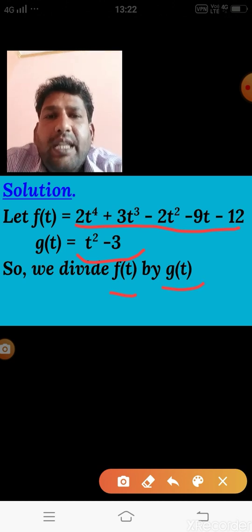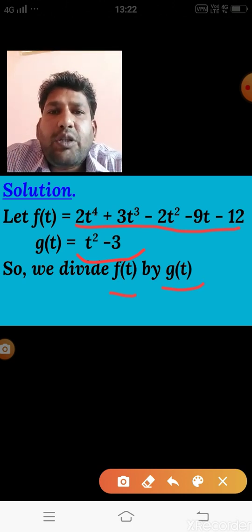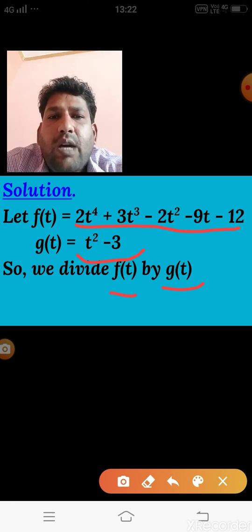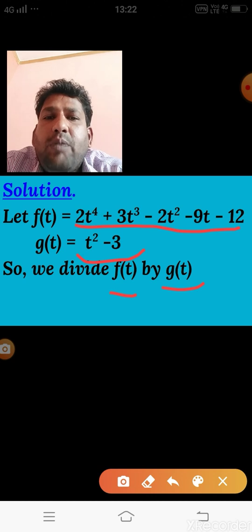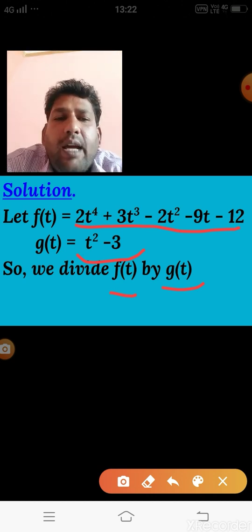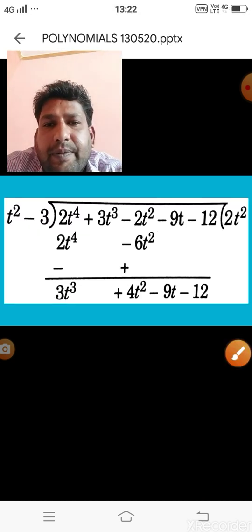f(t) is 2t raised to power 4 plus 3t raised to power 3 minus 2t square minus 9t minus 12, and we have to divide this polynomial by t square minus 3.